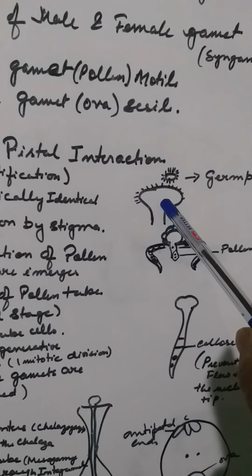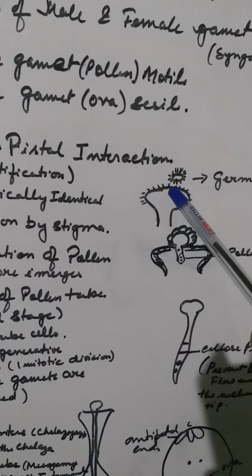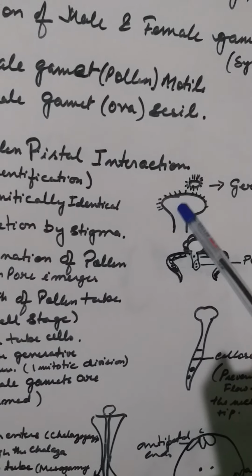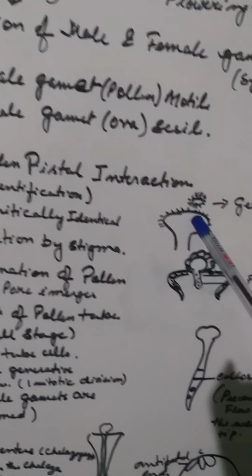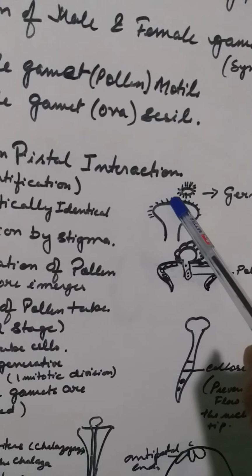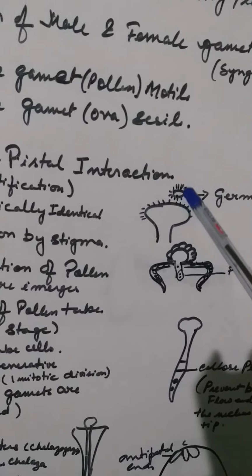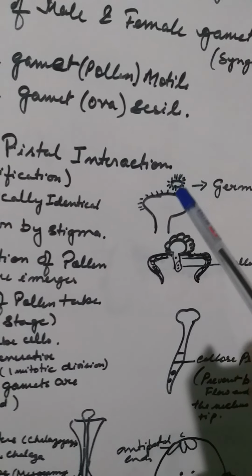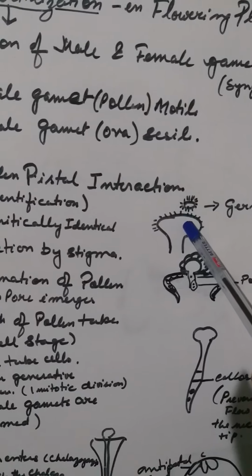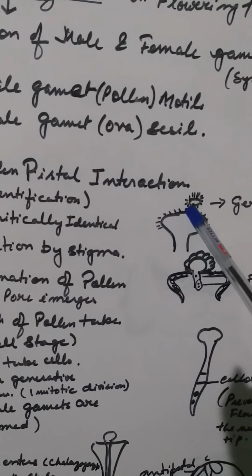For example, if a hibiscus flower has to be fertilized, the pollen has to come from the hibiscus because genetically they are similar. Since the ovary has no direct connection with the stigma or the pollen cell, the identification is done here itself, and that is known as the pollen pistil interaction.